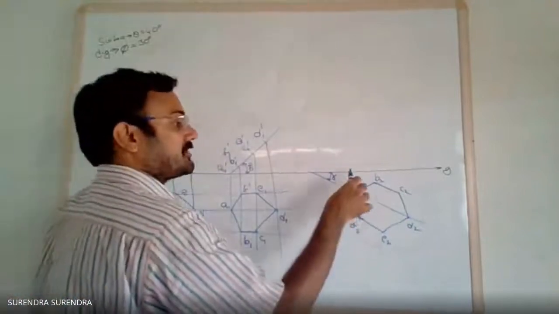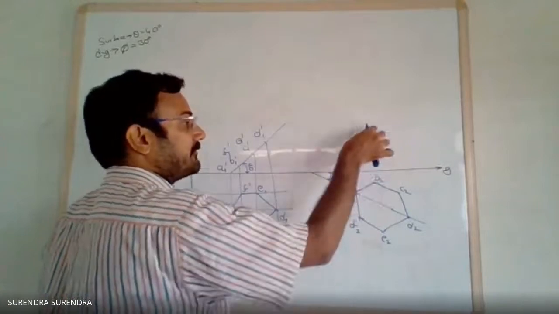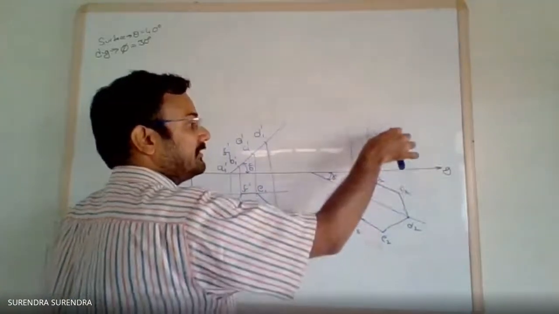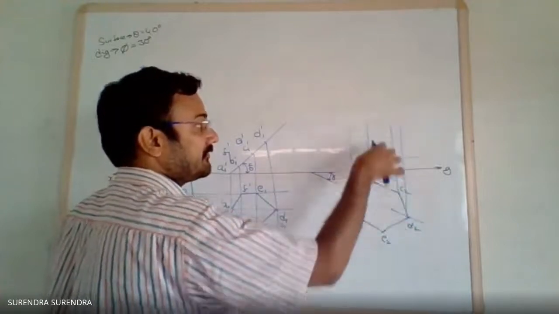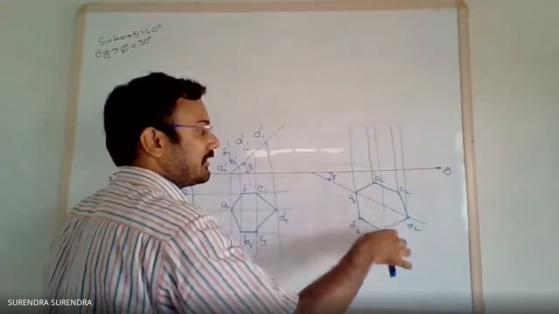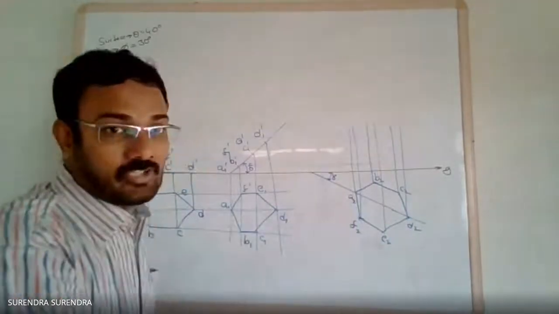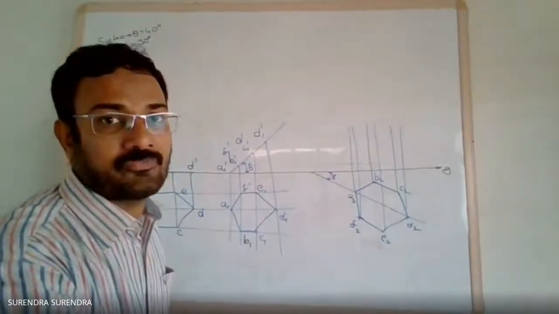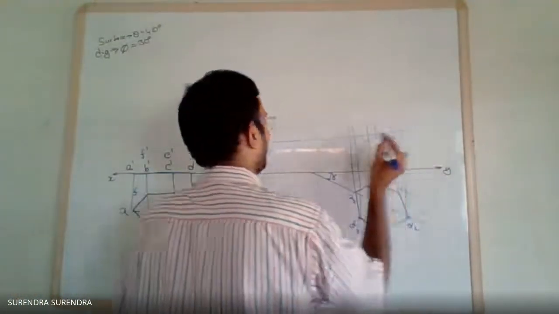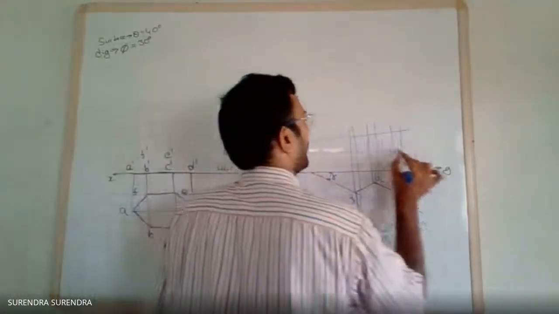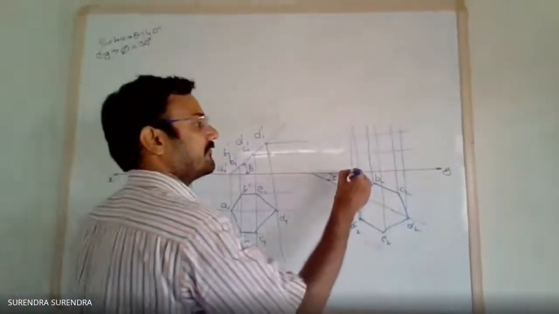Now draw the projection from each and every point: projection from A, B, C, D, E, and F. Draw the projections from each and every point from the top view, and the parallel lines from the previous front view. Mark the respective intersection points.